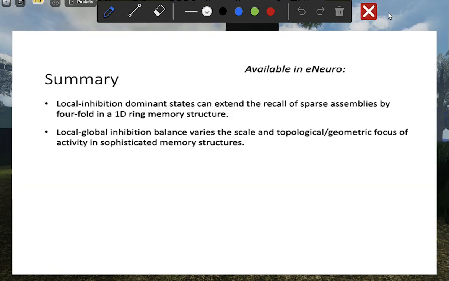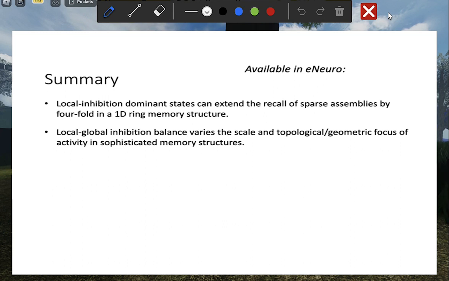So, just in summary, there's local and global inhibition in this model, and that seems to affect the extent of the recall in these sparse assemblies. I suppose I didn't emphasize that they're also quite sparse, whereas previous models are not.